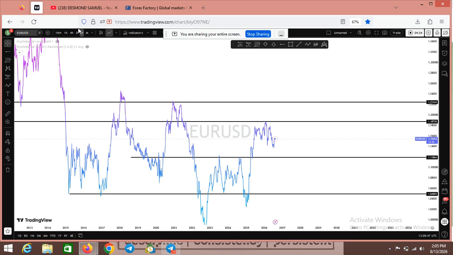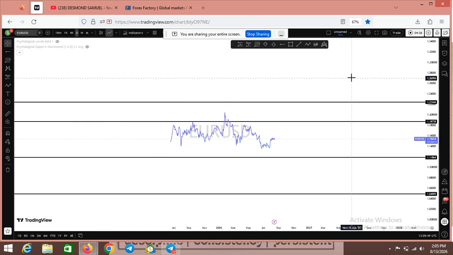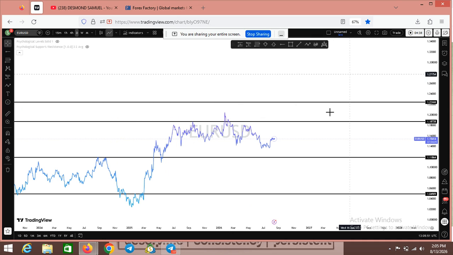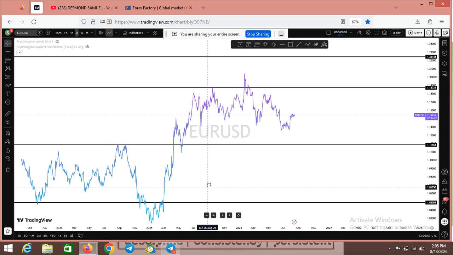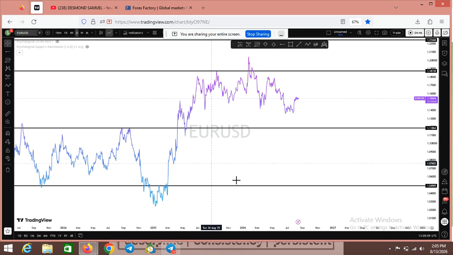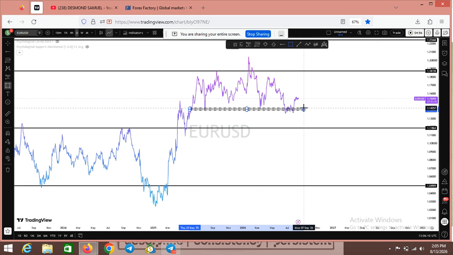Now to the daily time frame here, you can see where market is currently at right now. Let me zoom this out. You can see where the market is currently at this point here. I think we have a support level here. Obviously, this is a support level, and market has been reacting to this point here.